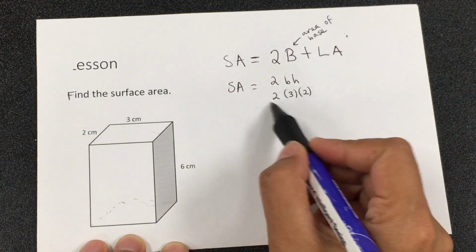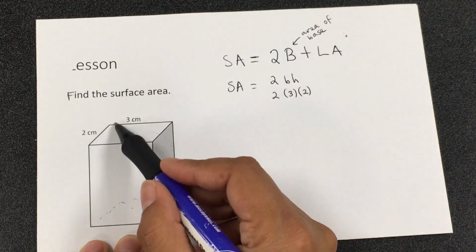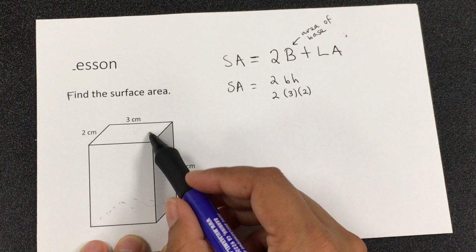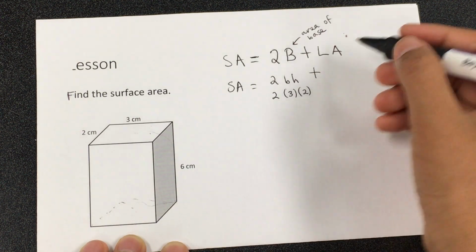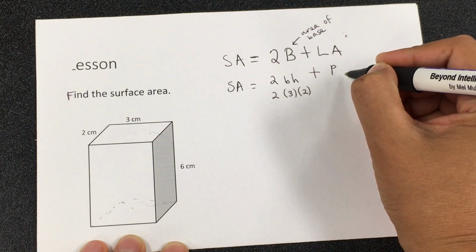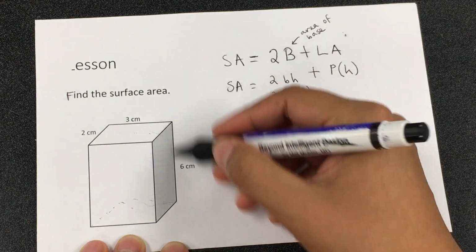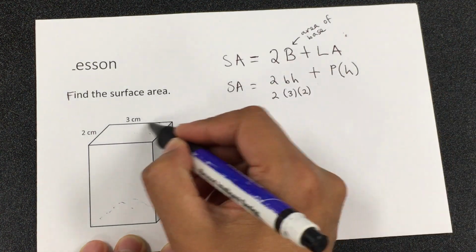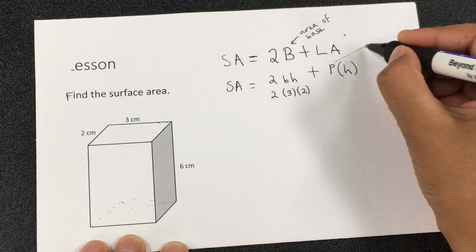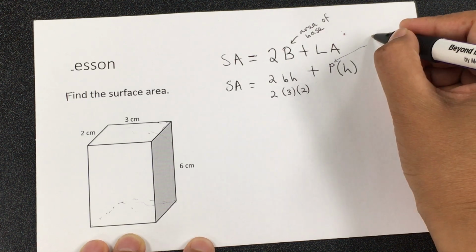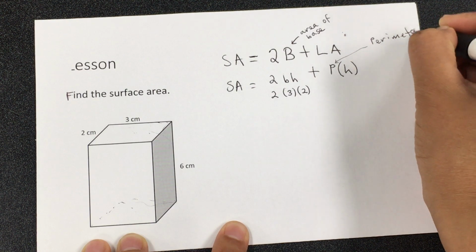Okay, so 2 because of the 2 bases, and then base times height is just the rectangle, base times height of the rectangle. For the lateral area, we're going to have perimeter times the height of the prism. So this height of the prism, but then we're going to have the perimeter in here. And this we're going to do it on the side, perimeter.